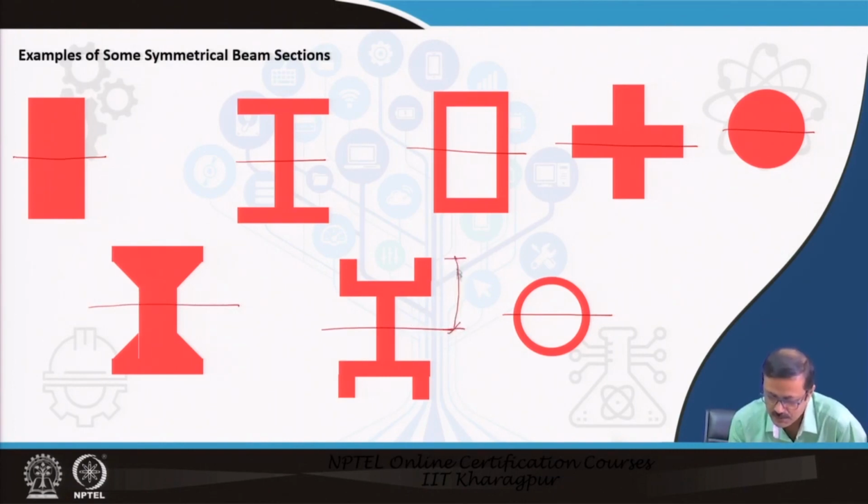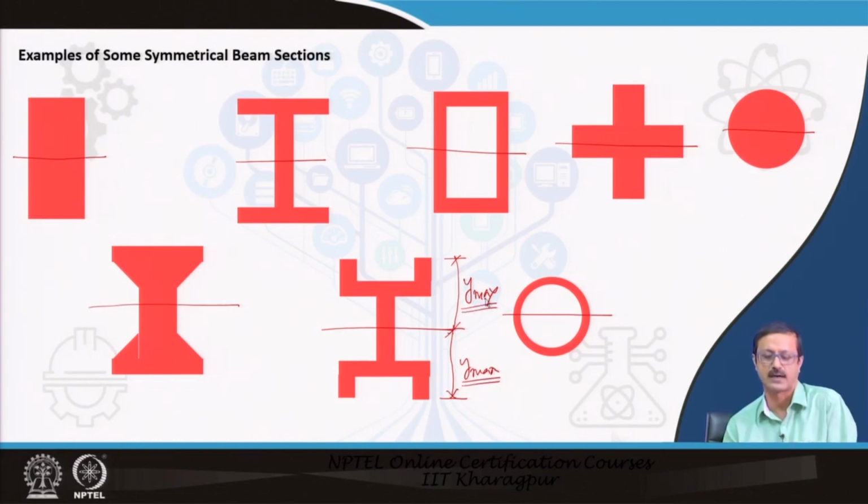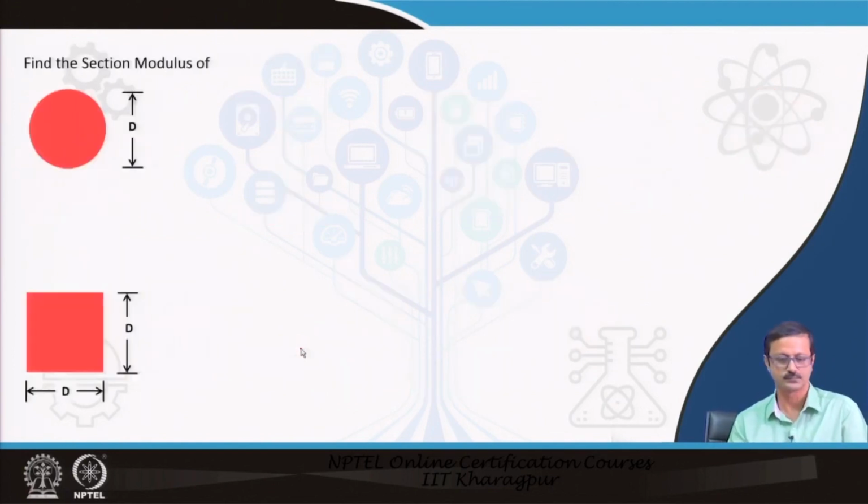In this case this will be my y max, and this is also another y max at the bottom, but both values are the same. If both values differ, we will see in the next lecture how to handle that. So if I know the I value, I can easily compute the sectional modulus.